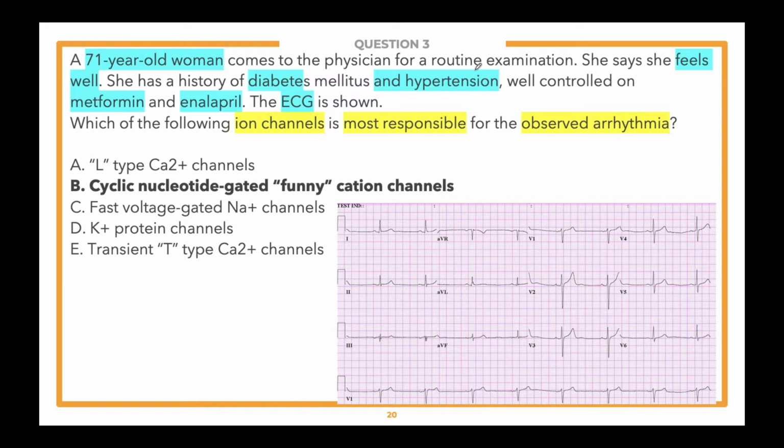And so you can see now that there actually are a lot of those big boxes between individual QRS complexes, and that would be consistent with bradycardia. That's the observed arrhythmia that this patient has. So when we talk about bradycardia, we mean that the heart rate is slow.